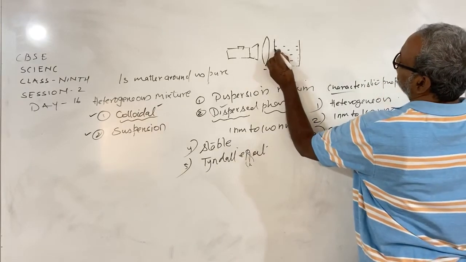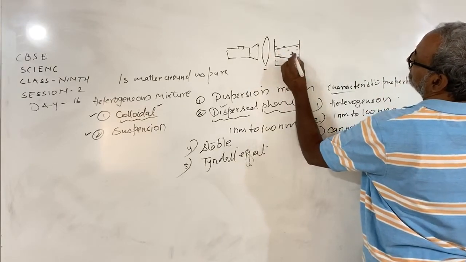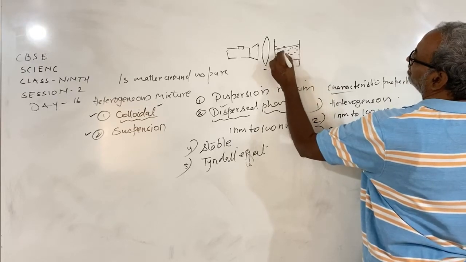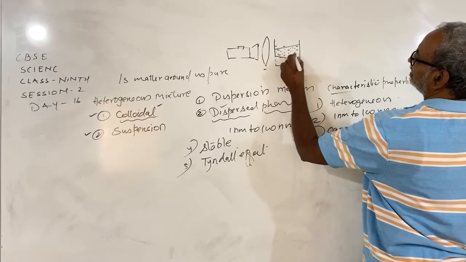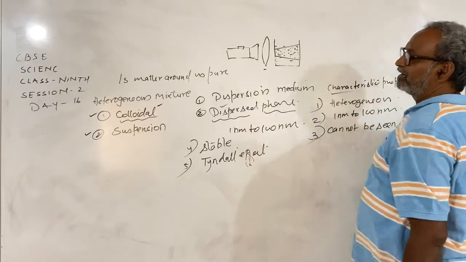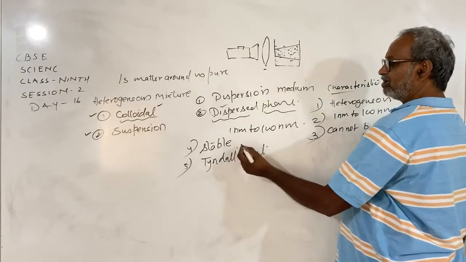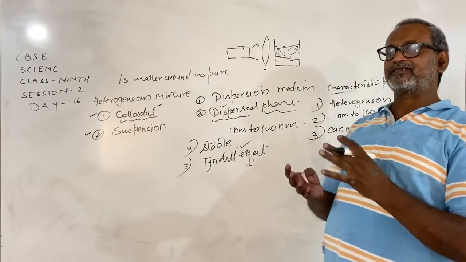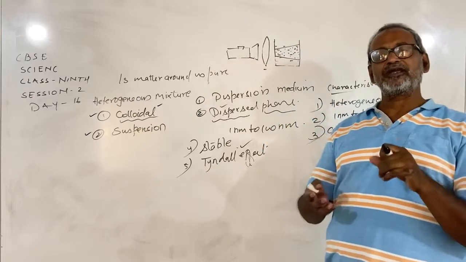The path of the light will become visible. You will see the light. This phenomenon is called Tyndall effect, and it occurs due to the scattering of light.